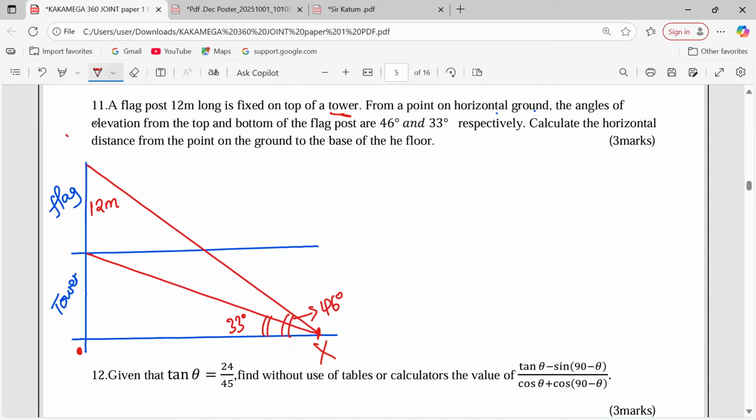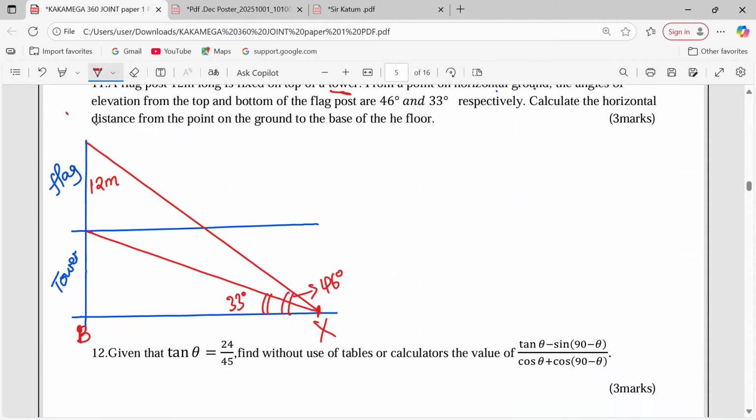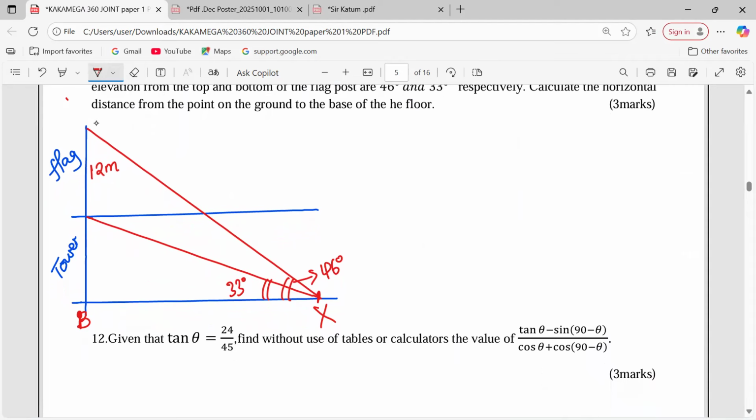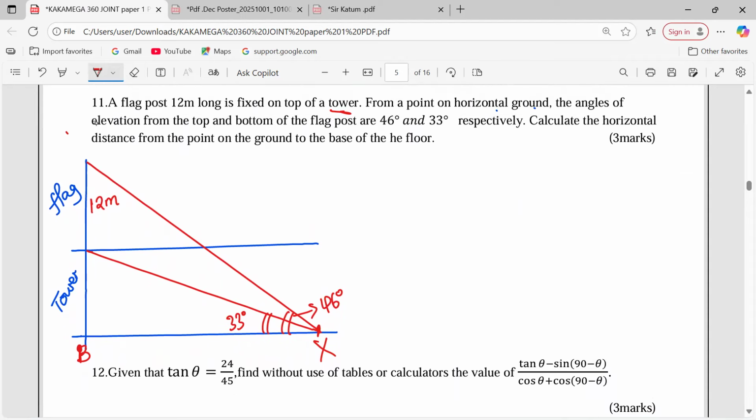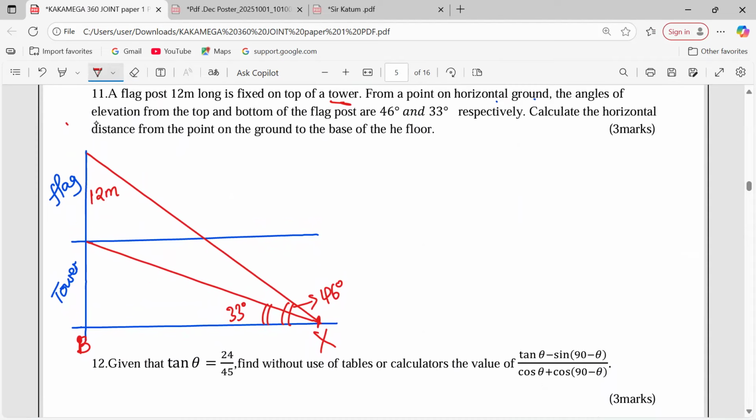To this floor of the tower, point B, like that. So we need the distance BX. The distance BX is needed like that. So one thing that we're supposed to know is that this one we are doing without having to involve construction. Therefore, if this is let to be x, then we will have x plus 12.